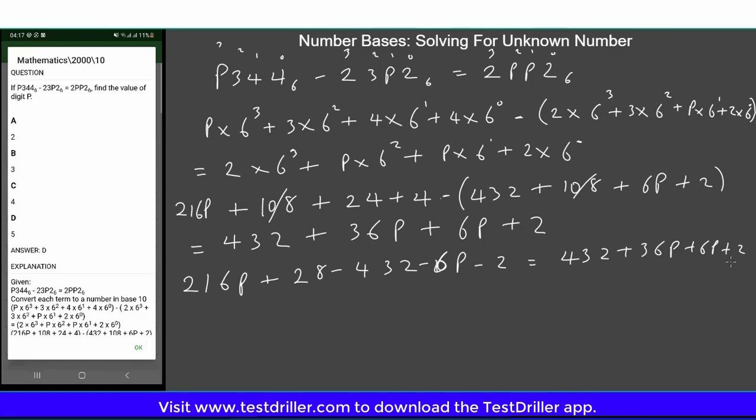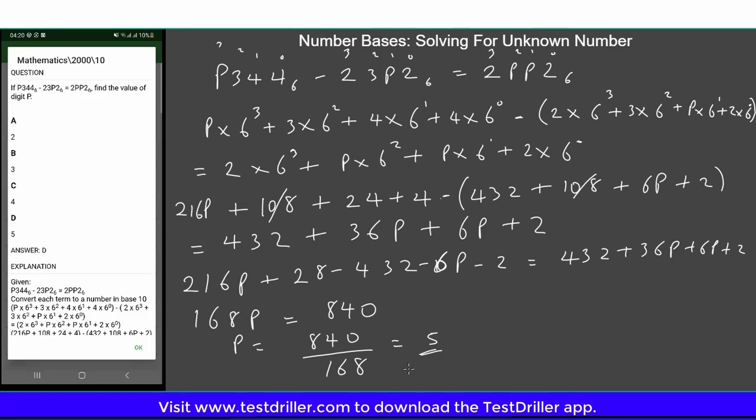I'm going to quickly simplify and show you the simplified form of this. If you simplify, you're going to get 168P equal to 840. Then P will be equal to 840 divided by 168, and that will give you 5. So the value of P is 5, and that means the correct option is option D.